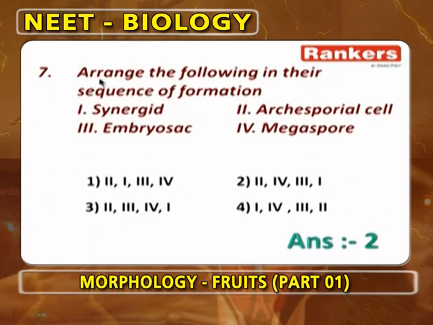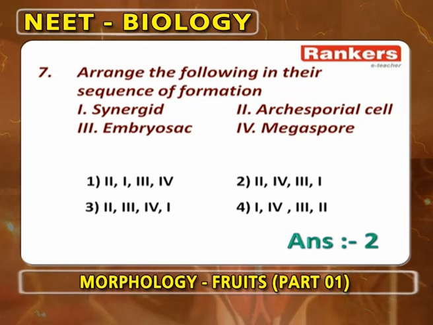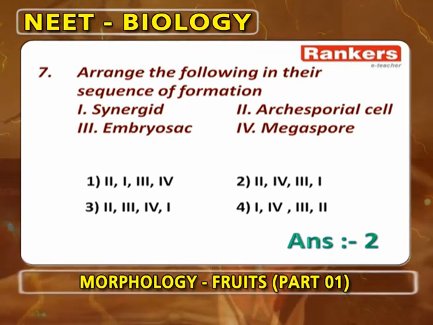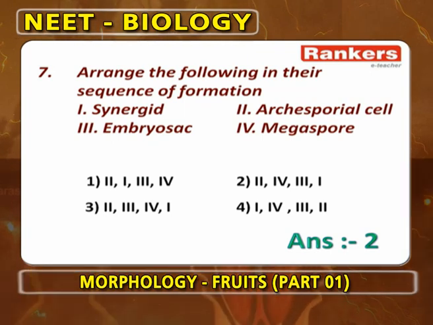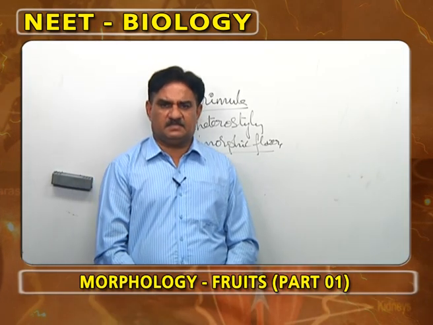Now, arrange the following in their correct sequence of formation. How they are formed? For this, answer is 2, 4, 3, 1. First is synergids, 2 is archesporial cell, 3 is embryo sac, 4 is megaspore. So always in an ovule, within the nucellus or megasporangium, first formed is archesporial cell. Archesporial cell divides and produces megaspore mother cell.